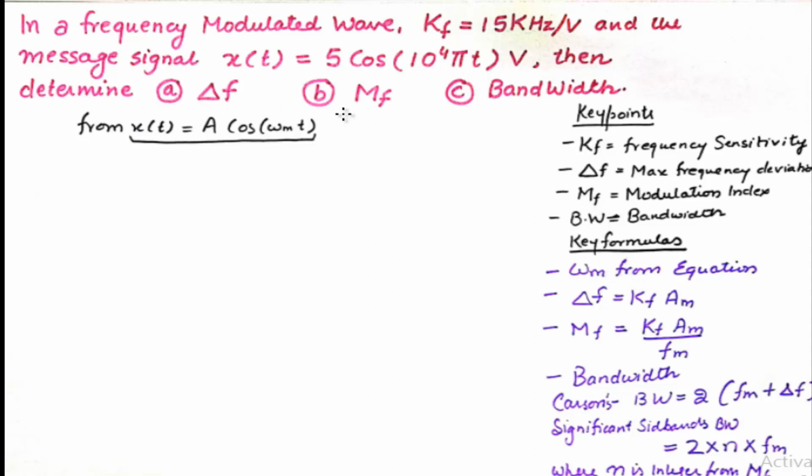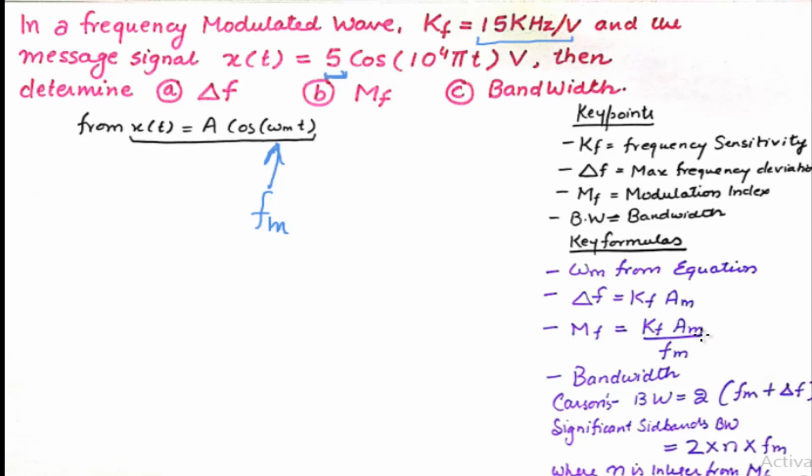Omega m can be found from this equation right here. From omega m, of course, we can find Fm also. And then the formula for maximum frequency deviation is Kf into Am. So Kf is given in the question, which is the frequency sensitivity, multiplied by the amplitude, which is right here.